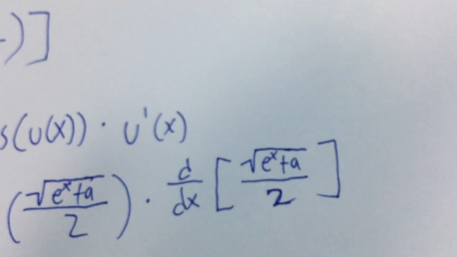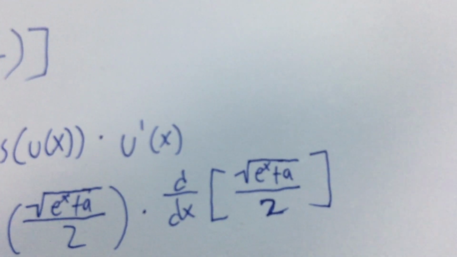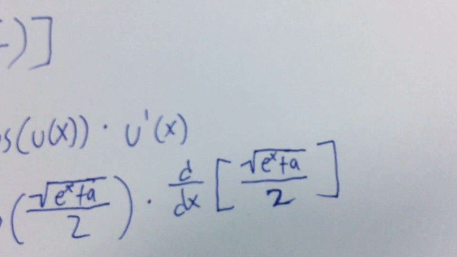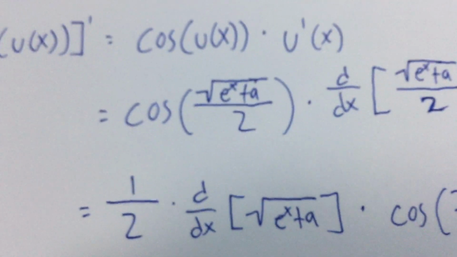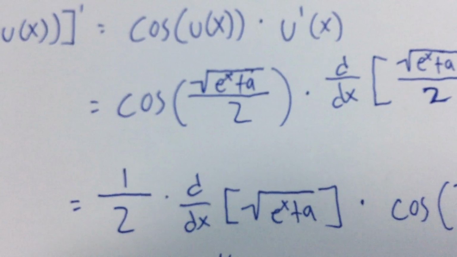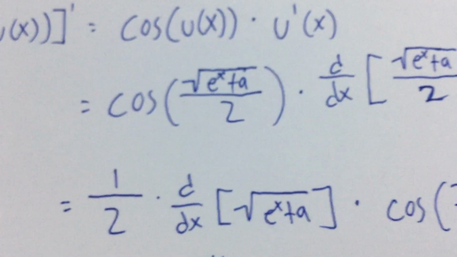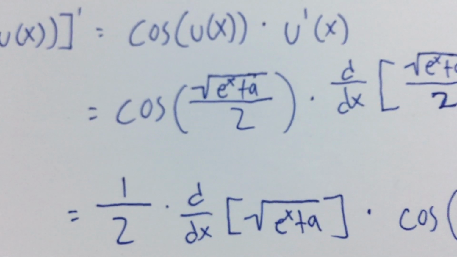Let's separate the square root of e^x plus a and the over 2. Here's the function: 1/2 times the derivative of the square root of e^x plus a. Now we can differentiate this function.